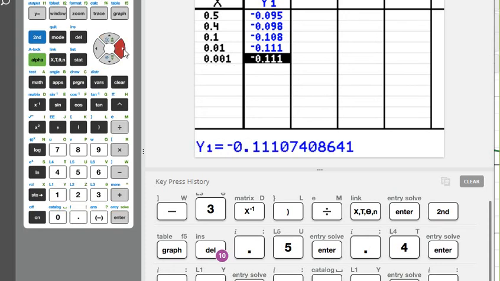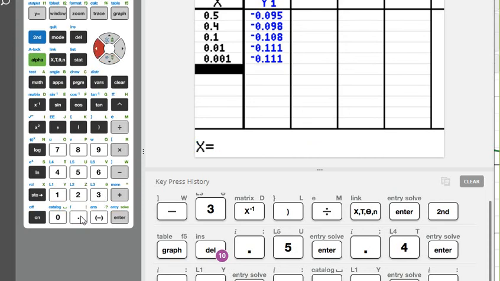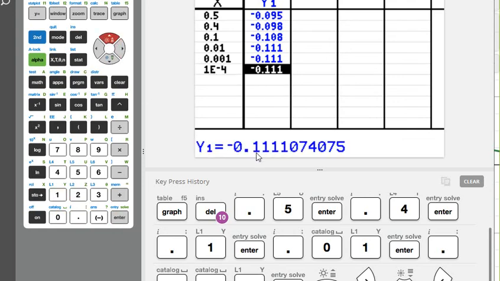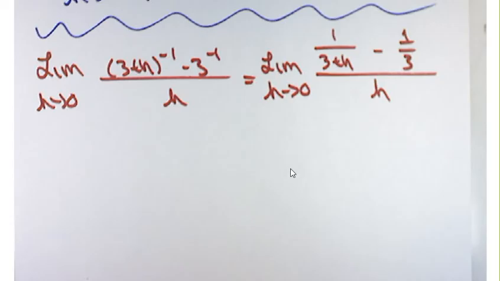And maybe it's not as dramatic as we might like yet, but let's do one more, 0.0001. I'm getting 0.1111. Probably not a number that's jumping into most of your minds at this point. So we will look back at that and see if we can't make sense of it.